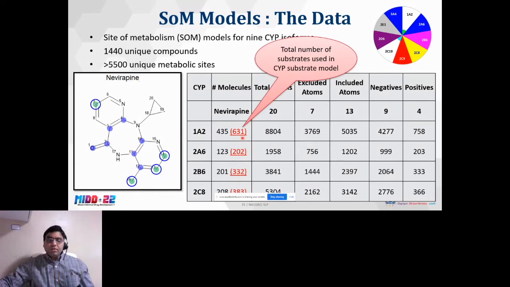Only whenever there is a specific metabolite reported, only those compounds are included for the sites of metabolism. And this gives us overall 45,000 atoms over negatives and positives together, giving us a very large data set to build our sites of metabolism model. A similar approach, but more complicated, has been used to build these models.